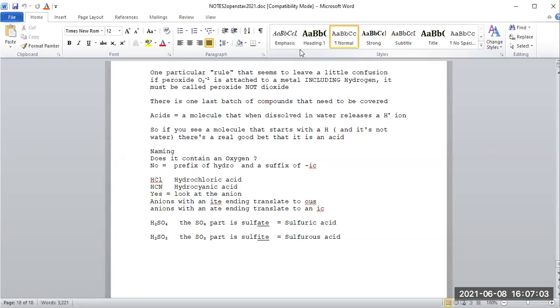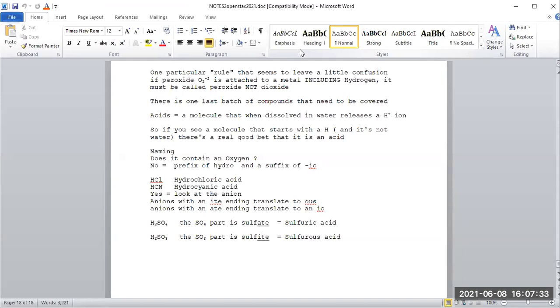Sulfate becomes sulfuric acid. Sulfuric acid is very nasty, and I watch way too much CSI or NCIS and other related things. Sulfuric acid you could dissolve a body in. On the other hand, sulfurous acid is acidic, but its power is not much more than vinegar.